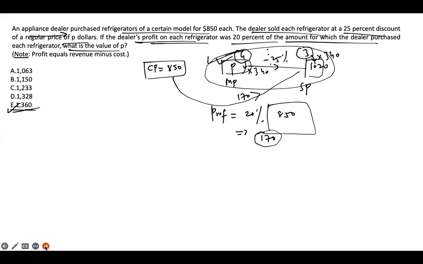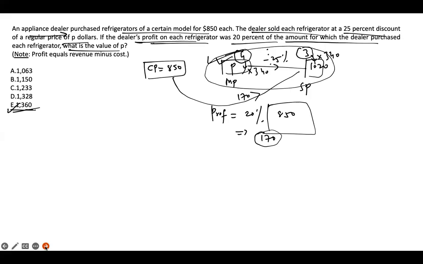That is the right thing to think, right? Current is 3, previous was 4. You are coming from previous to current. You are going from marked price to selling price.